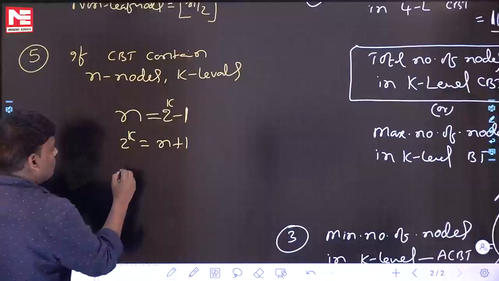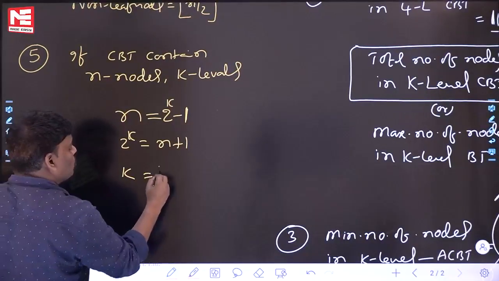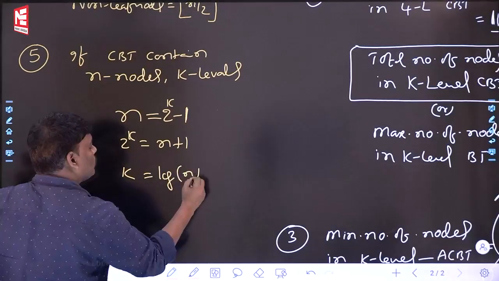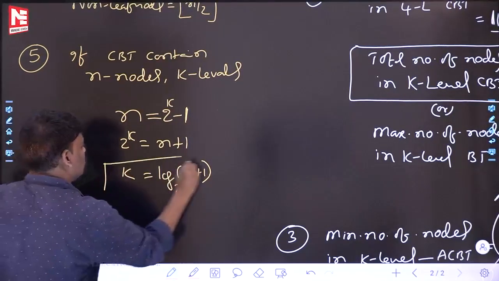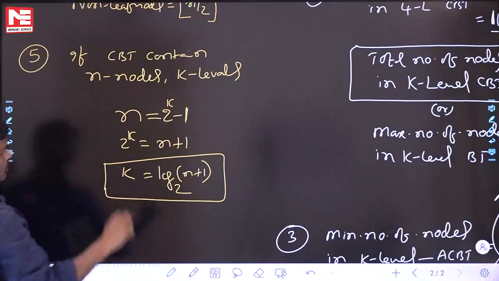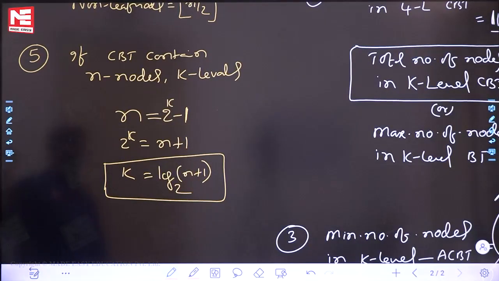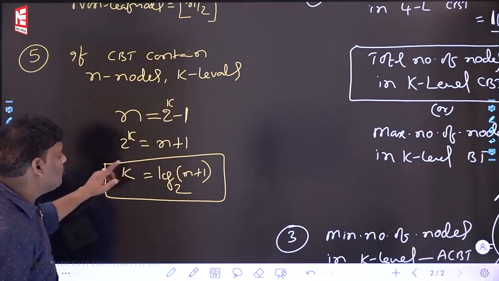Apply log: k log 2 base 2 is equal to log of n plus 1, base 2. So n is equal to 2 power k minus 1, 2 power k is equal to n plus 1, k is equal to log of n plus 1 base 2. This is the way to bring the number of levels.